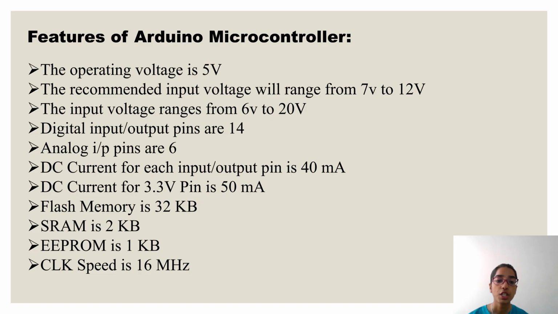DC current for 3.3 volt pin is 50 milliampere. Flash memory is 32 kilobyte. SRAM, static random access memory, is 2 kilobyte, EEPROM, electrically erasable programmable read-only memory, is 1 kilobyte, clock speed is 16 MHz.